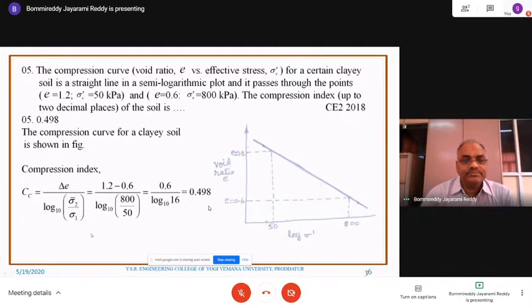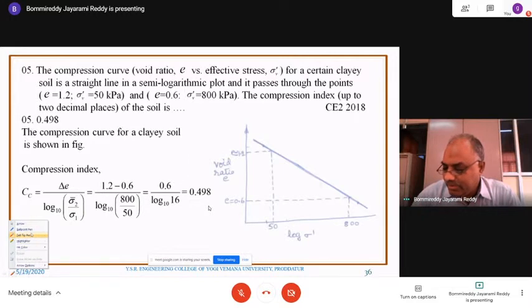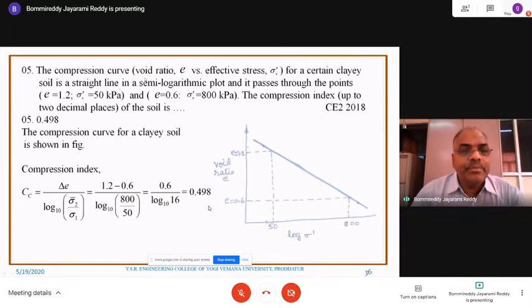Next question. It appeared in 2018. The compression curve void ratio e versus effective stress for a certain clay is a straight line in a semi-logarithmic plot.